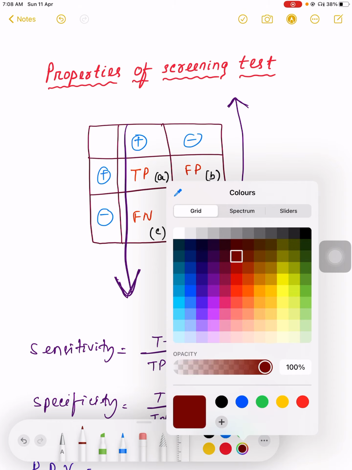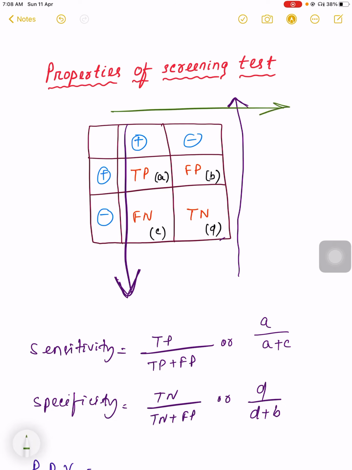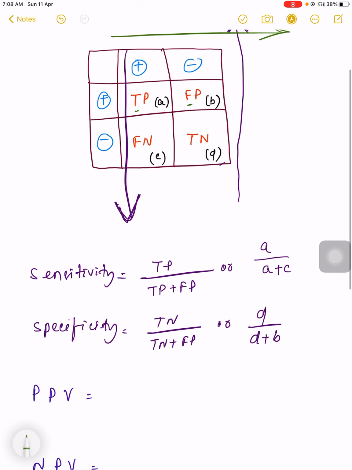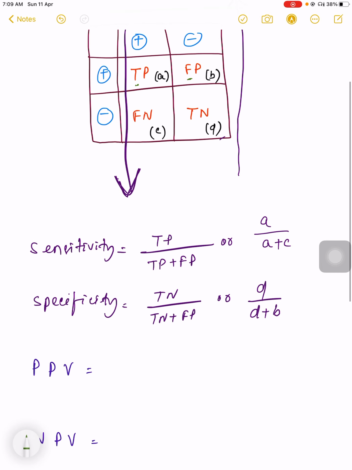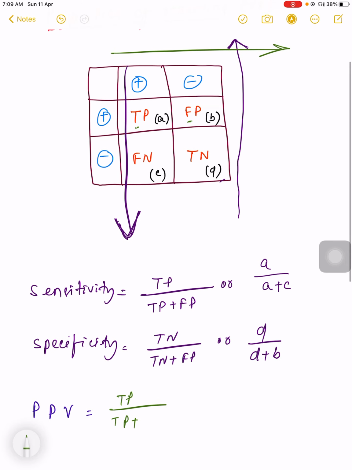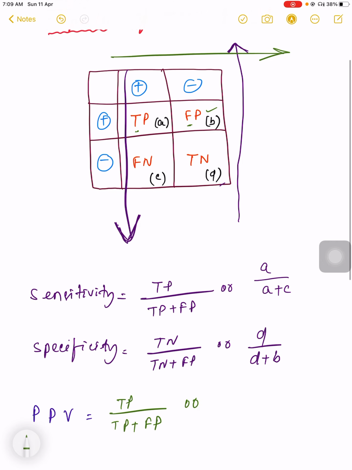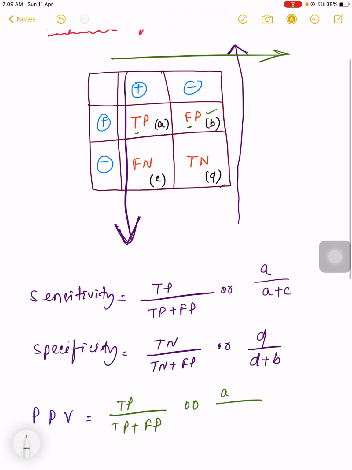Then what is positive predictive value? You have to come from the left to right. From the left, first what comes is true positive, then false positive. So what is the formula for positive predictive value? True positive divided by true positive plus false positive, or you can write A divided by A plus B. Then what is negative predictive value?